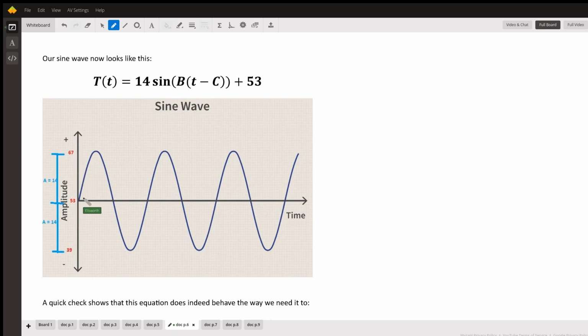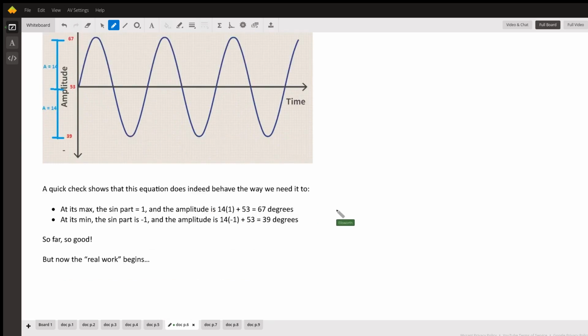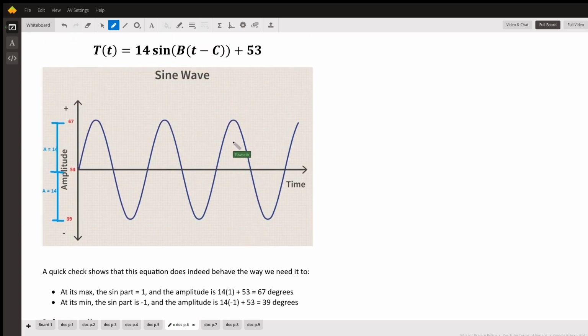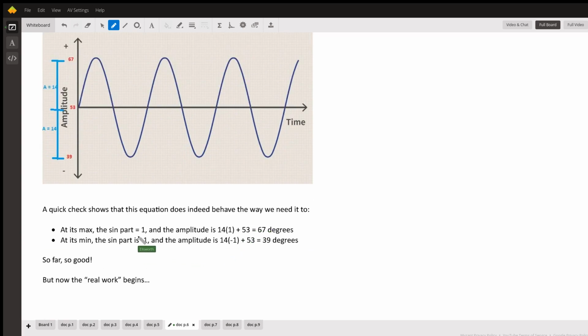Okay, update our picture, show that. Now, how do we know we're doing all right? Find the high and low, put our equations up there, and you can figure it out. So far it behaves correctly.